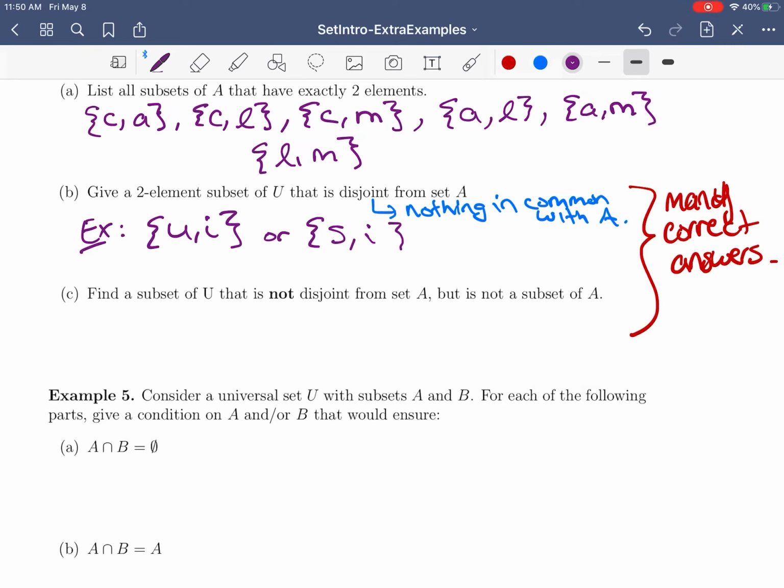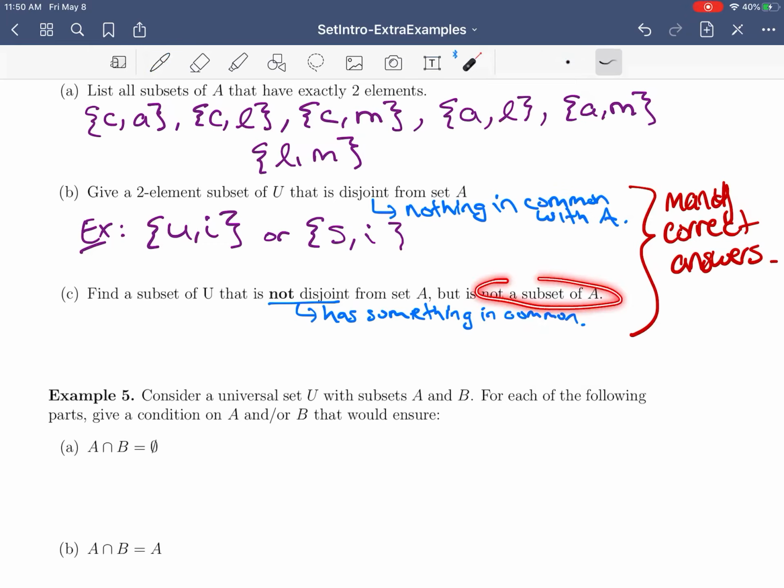For part C, we want a subset of U that is not disjoint from A, so that means it has something in common. But it's also not a subset of A. So what that means is that it has something not in A as well.